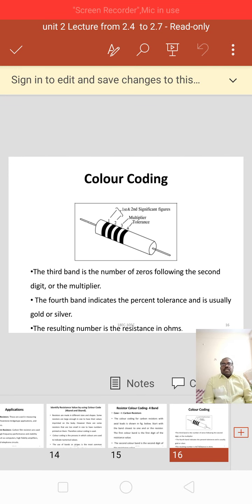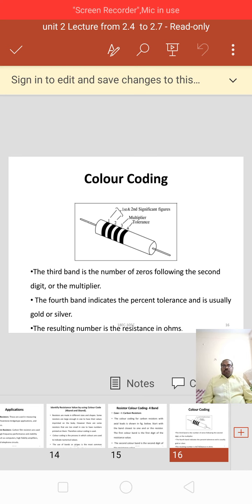Now the third band is the number of zeros following the second digit, the multiplier.